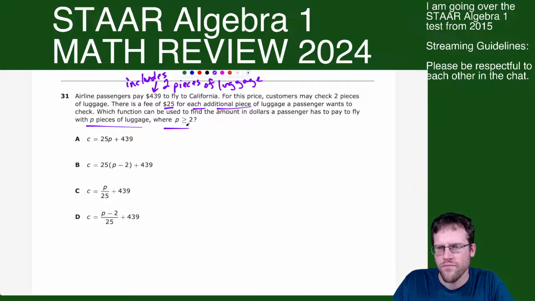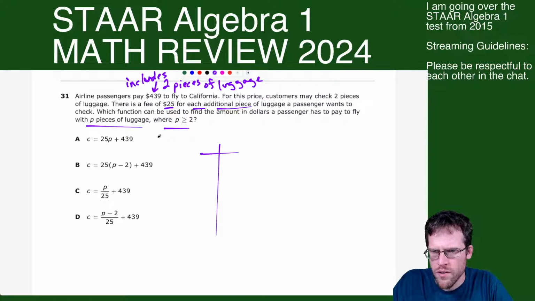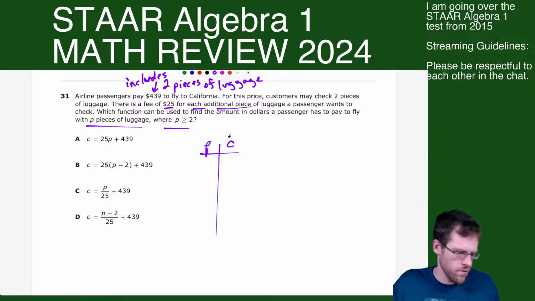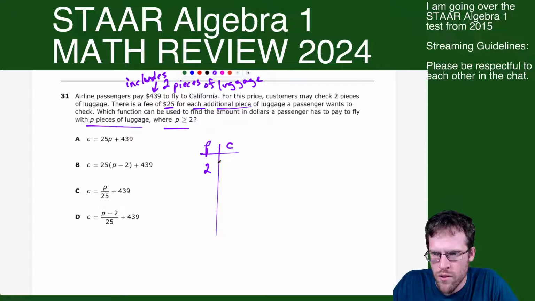pieces of luggage? So for this one, what we could do is P is the pieces of luggage and C is the cost. Let's notice a trend here so that we don't mess up. I'm going to show you why I'm making a table here in a moment. P is greater than or equal to 2, because at 2, we're paying $439. If we just want to fly with 2 pieces of luggage, $439 will cover that.